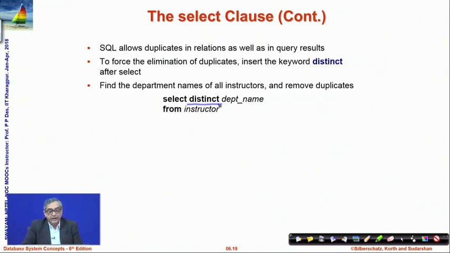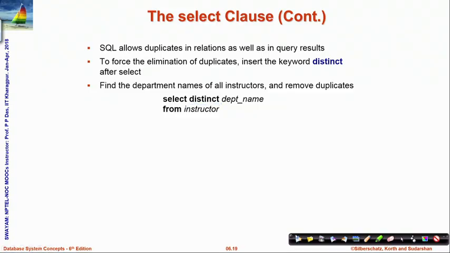So, select distinct dept name from instructor will select the departments of all instructors. If it just selects department name of all instructors, then it is quite possible that the same department name will appear a number of times, because every department has multiple instructors. But when we use distinct, then every name will feature only once in that selection.